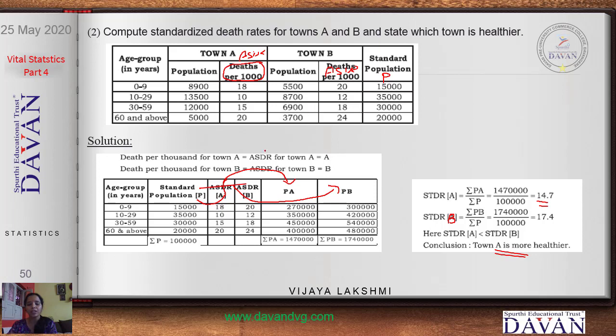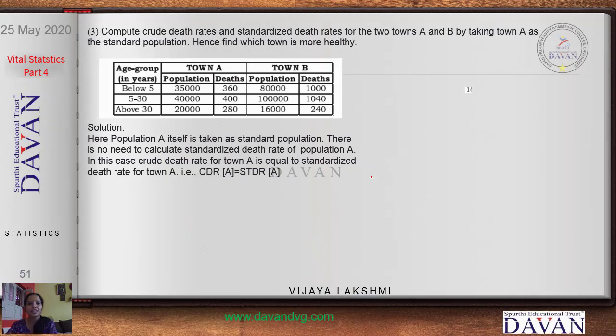In one table, you can find the solution: writing the age group, standard population, ASDR of A, ASDR of B, multiplying the population with the ASDR of A and again the population with the ASDR of B, taking the summation, substituting it in the formula. Okay, move on to the next type.